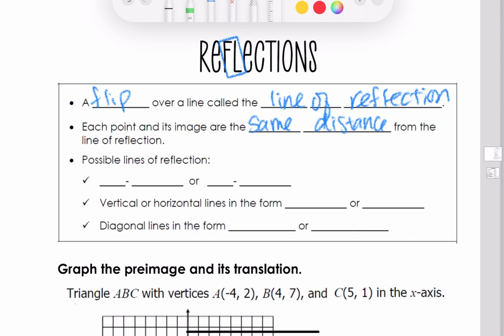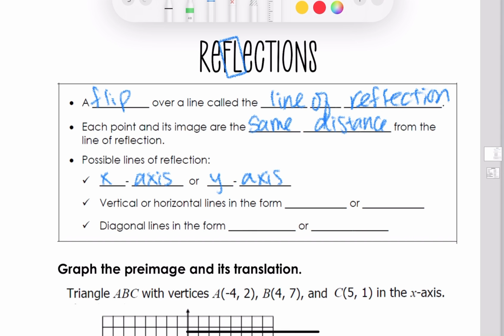Now, there are three types of possible lines of reflection. You can either have the x-axis or the y-axis. These are the ones that you learned in 8th grade or whenever you first took pre-algebra. Or vertical lines, which have an undefined slope, in the form x equals some number.